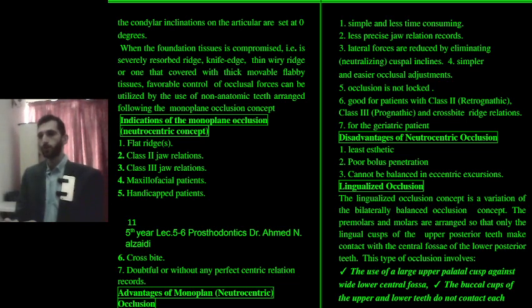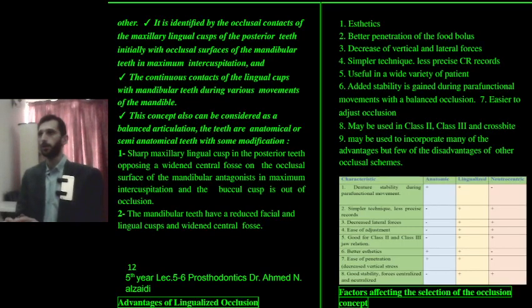This type of occlusion involves the use of a large upper palatal cusp against a wide lower central fossa. The buccal cusps of the upper and lower teeth do not contact each other.